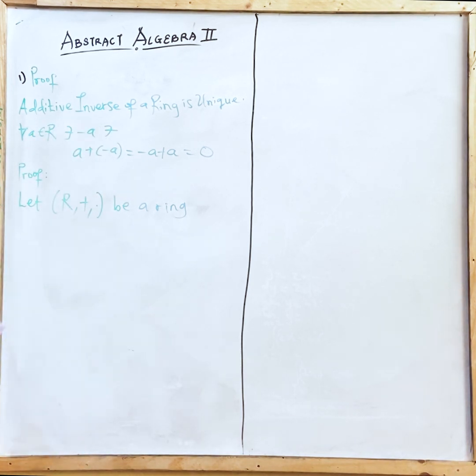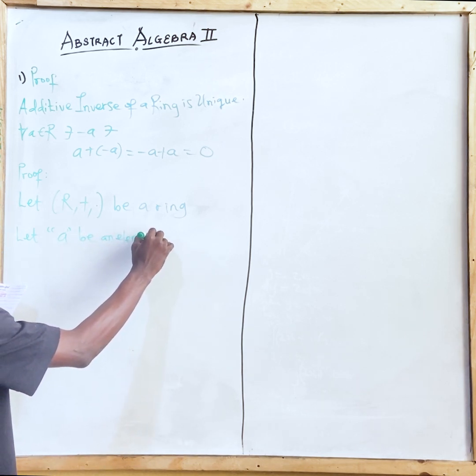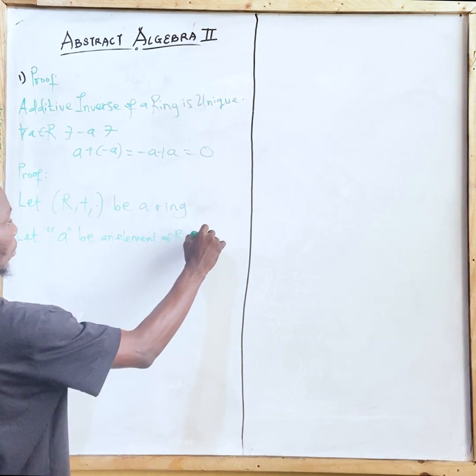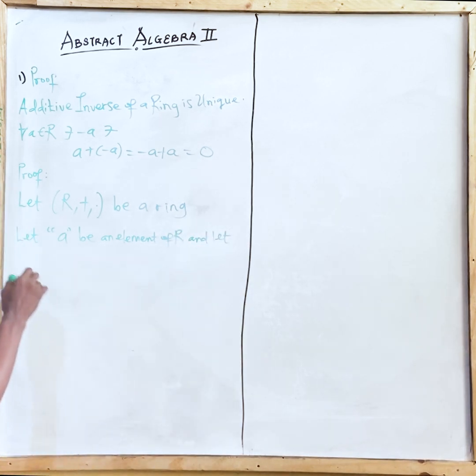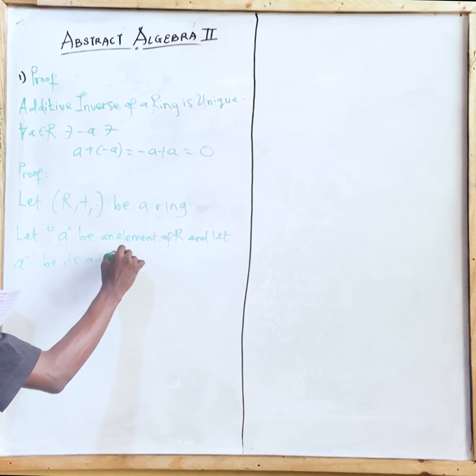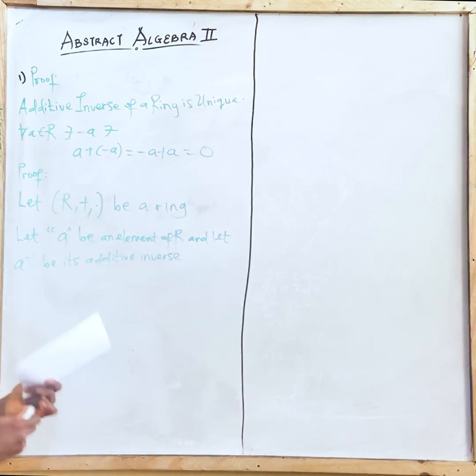So first of all, let A be an element of R, and let A inverse be its additive inverse.